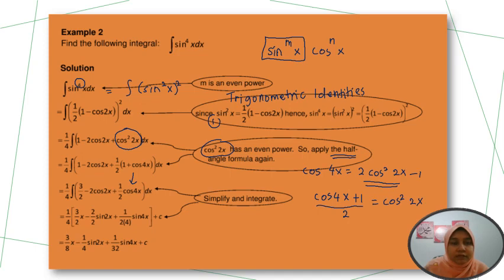Then we expand this function. So 3 over 8 x minus 1 over 4 sine 2x plus 1 over 32 sine 4x plus c.